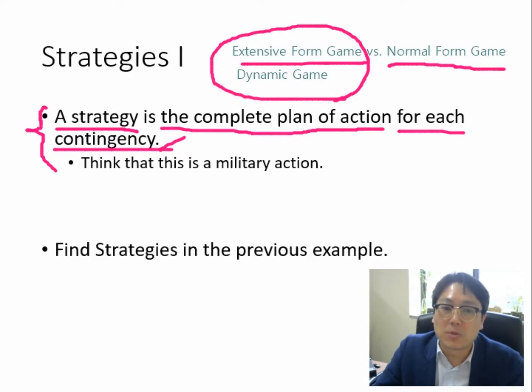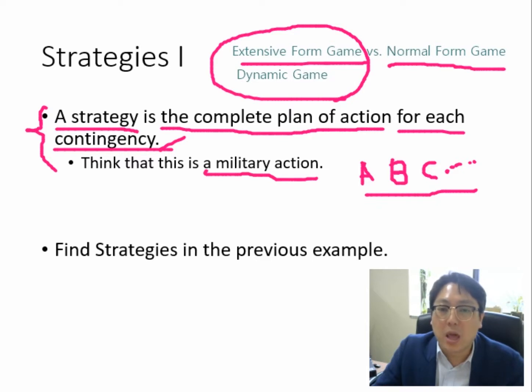So if you come up with a military action, something happens, maybe situation A can happen, or situation B can happen, or situation C can happen. We don't know yet before making a plan. Players should have a contingency action.